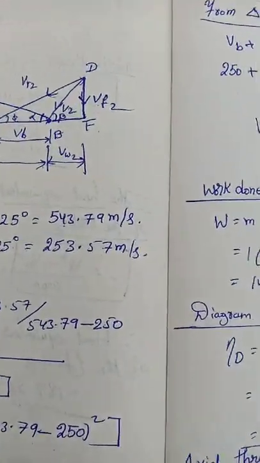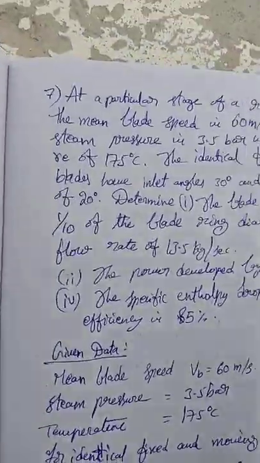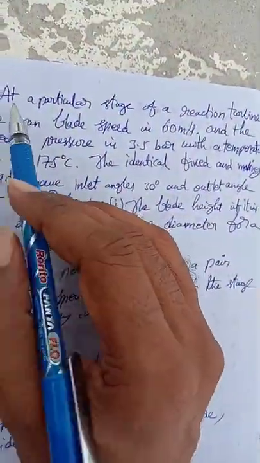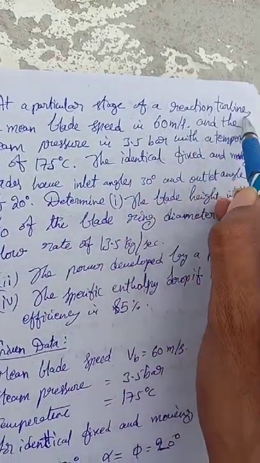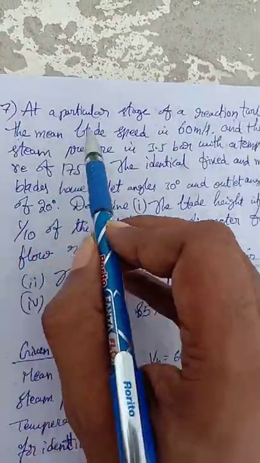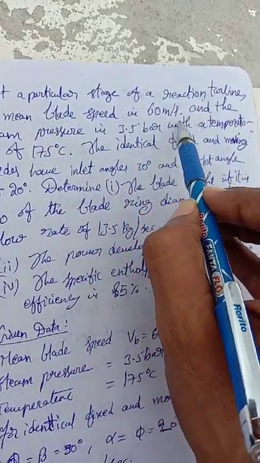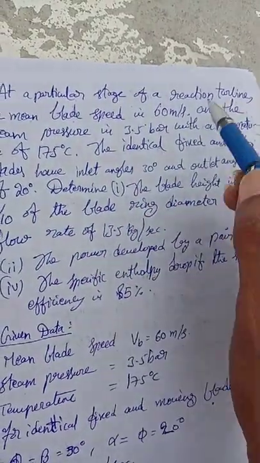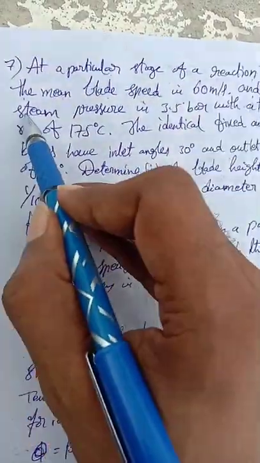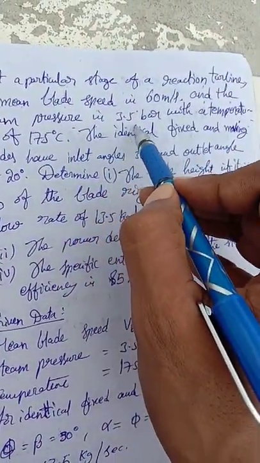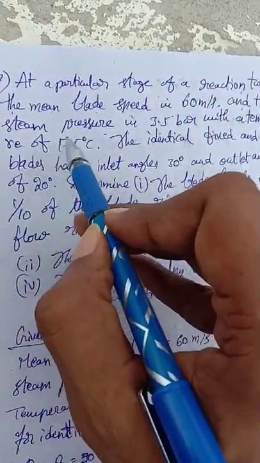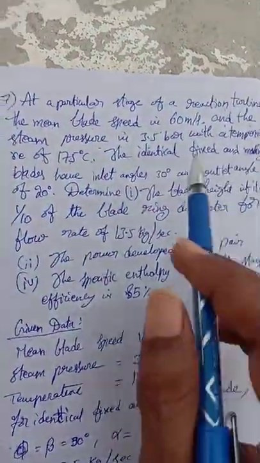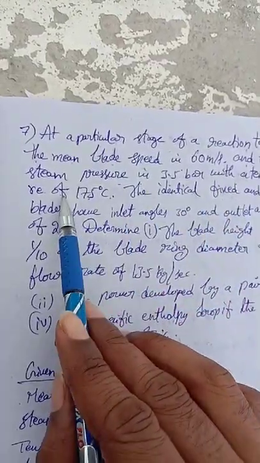And now we go for another problem regarding this chapter. Look here. At a particular stage of a reaction turbine, the mean blade speed is 60 meter per second, and the steam pressure is 3.5 bar with a temperature of 175 degrees Celsius.